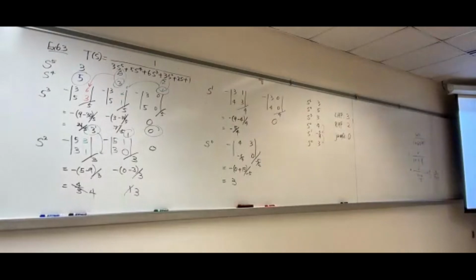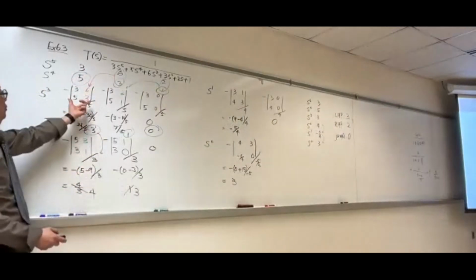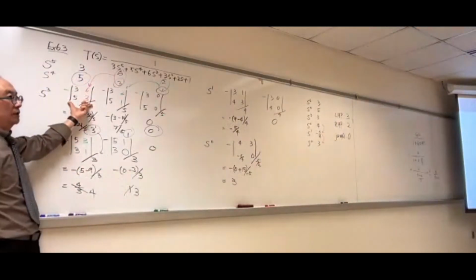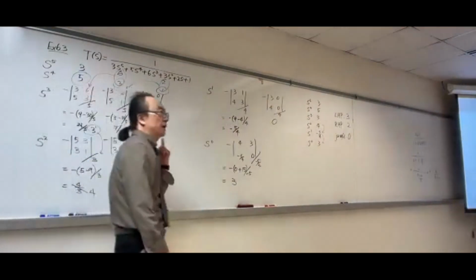So there are 2 special cases when we work on this Routh table. The first one is when we have 0 in the first column. When I say first column, it's this one. Somewhere when we do this determinant calculation, we end up getting only 0. That's the first case.